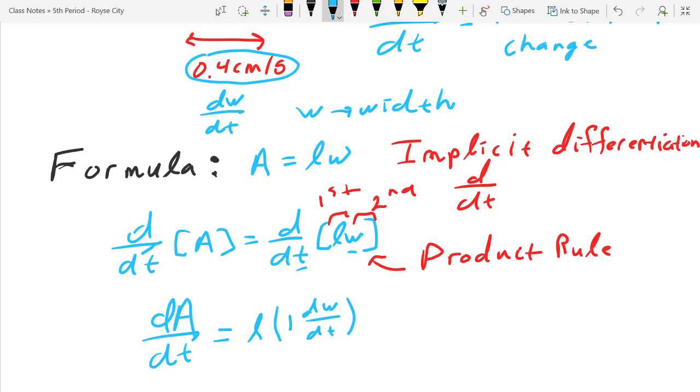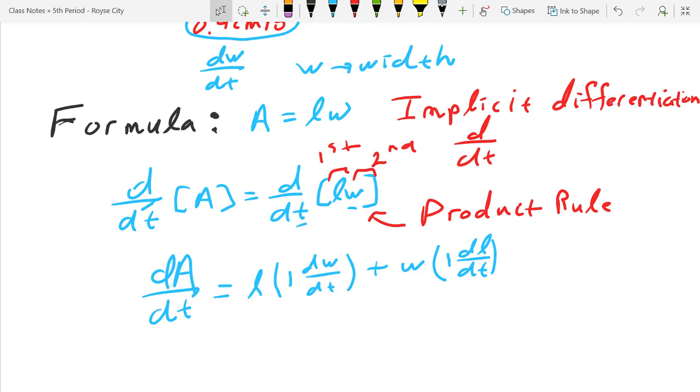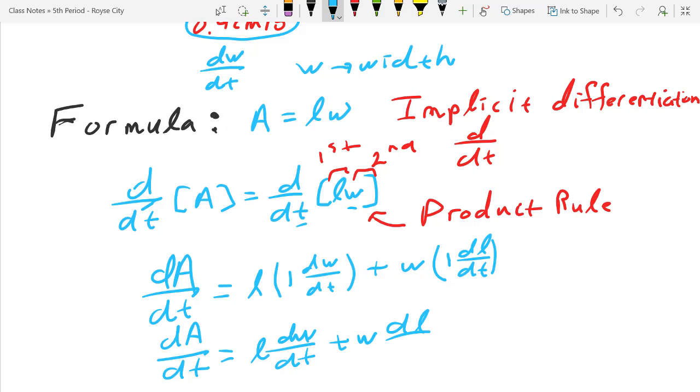So that's first times derivative of the second plus the second, W, times derivative of the first. Derivative of L is just 1, including dL/dt. Alright, so now we got dA/dt is equal to L dW/dt plus W dL/dt.